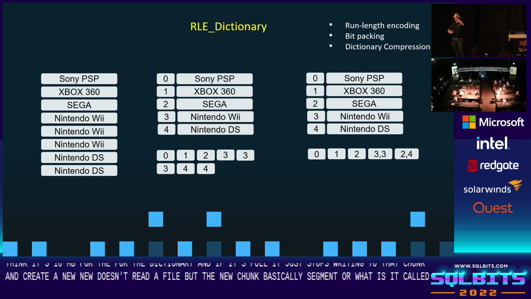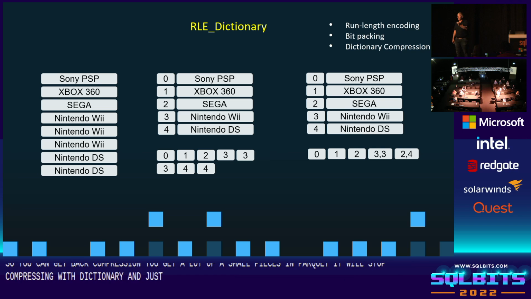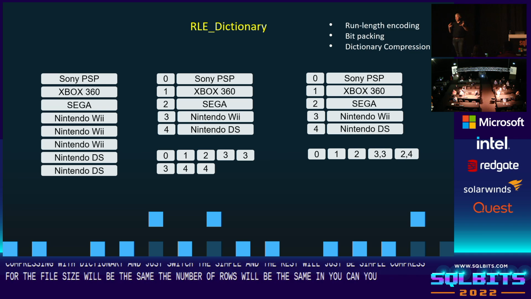So you can get bad compression, you get lots of small pieces. In Parquet, it will stop compressing with dictionary and just switch to simple. And the rest will just be simple compressed, but the file size will be the same. The number of rows will be the same. And you can tweak and tune that a bit if you want to. You can say, okay, I want the dictionary to be larger, or you can say, I want the pages to be smaller.